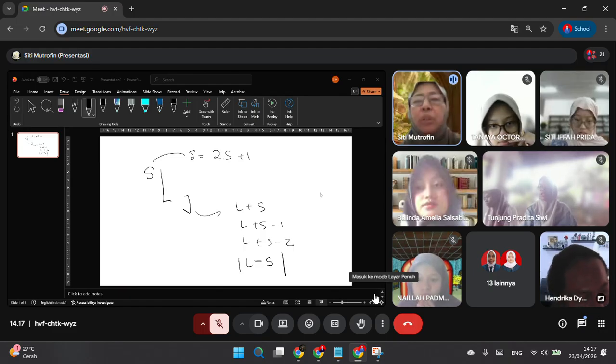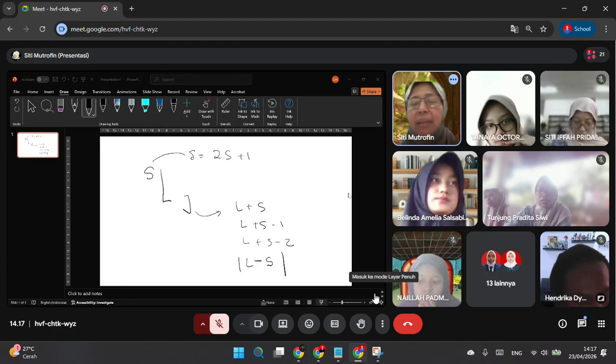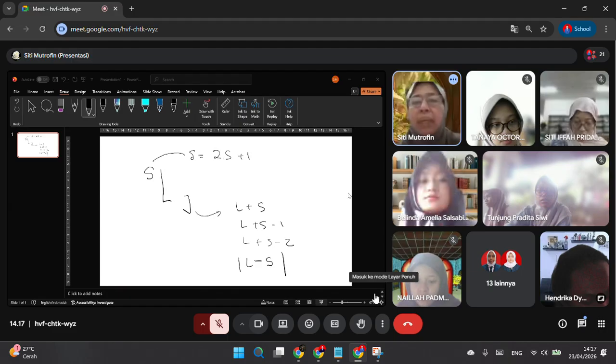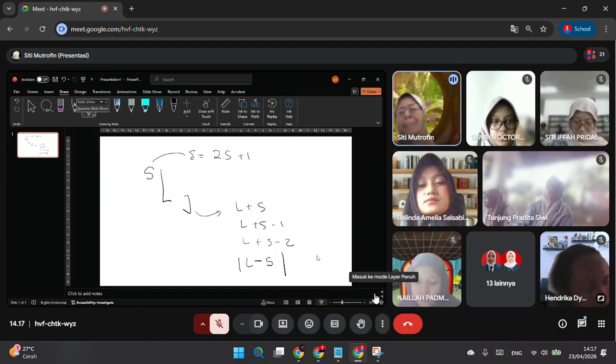S equals 2 times S plus 1. And J equals L plus S, L plus S minus 1, and L plus S minus 2, down to the absolute value, L minus S.